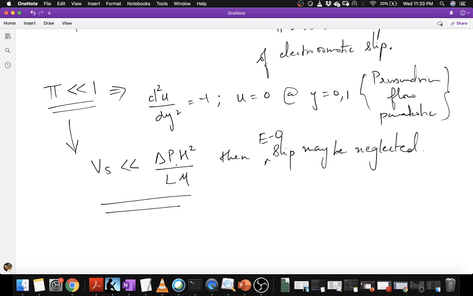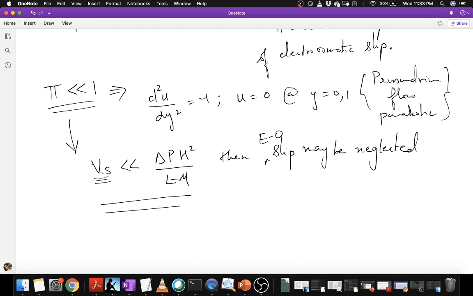Moreover, it shows us that the relative importance of the slip velocity becomes smaller and smaller if the height of the channel becomes larger and larger. So you see, let's assume that I keep Vs constant. That means my electric field driving the problem is fixed, and the electrical properties and the viscosity of the fluid are also fixed.